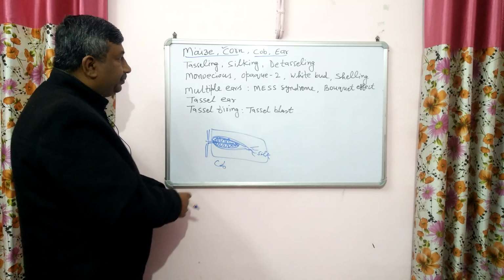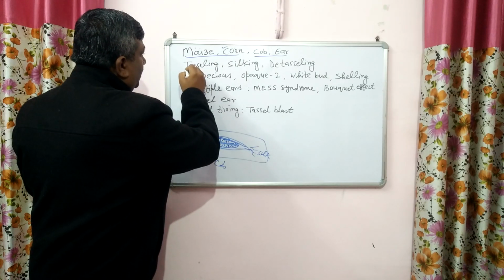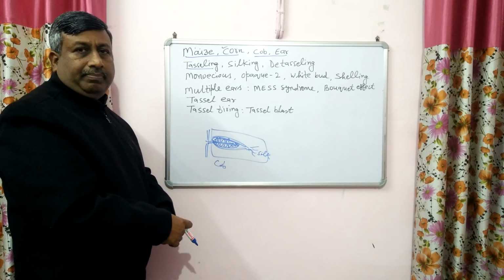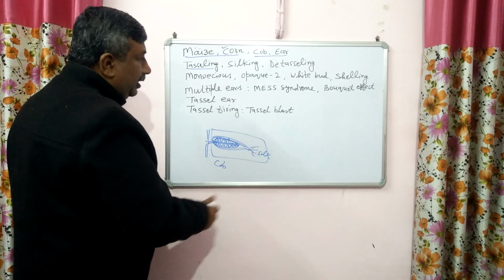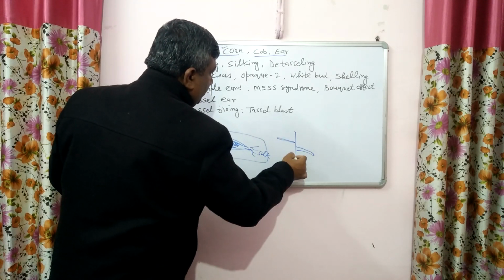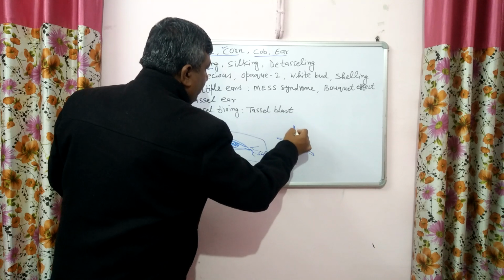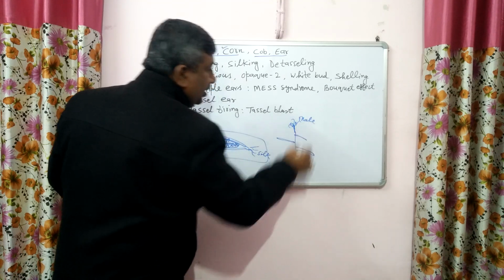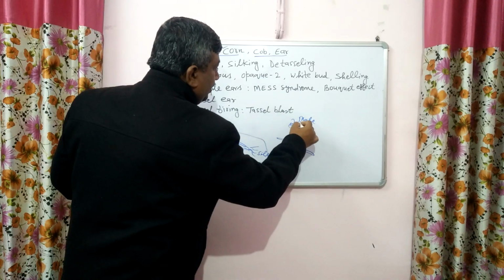Okay, then tasseling. Tassel is the male reproductive part. Suppose this is a maize plant, and on the apex, the male reproductive part appears, which contains pollen.